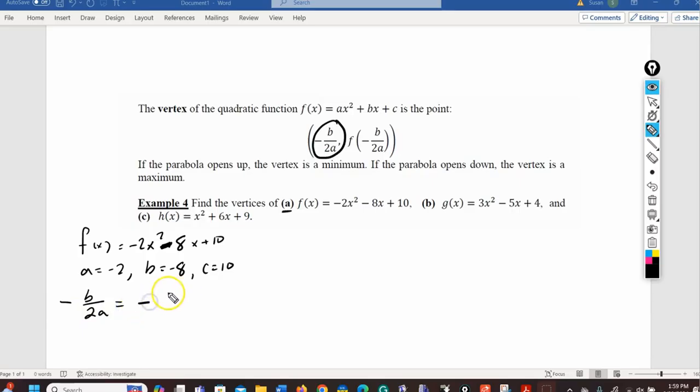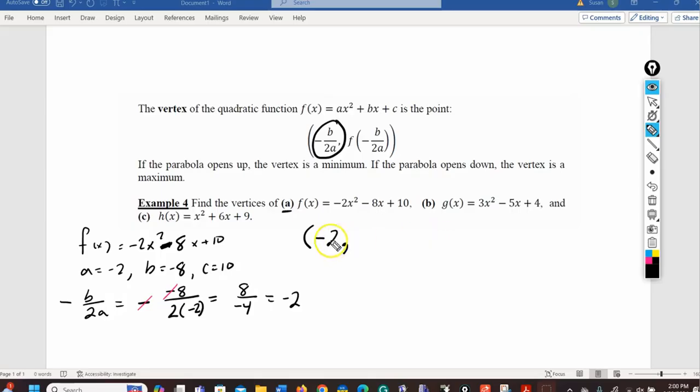So it's going to be the negative of -8 all over 2 times A. Okay, so these two negative signs will cancel. And I'm going to be left with +8 over 2 times -2 is -4. And 8 divided by -4 is -2. So my x coordinate is going to be -2.